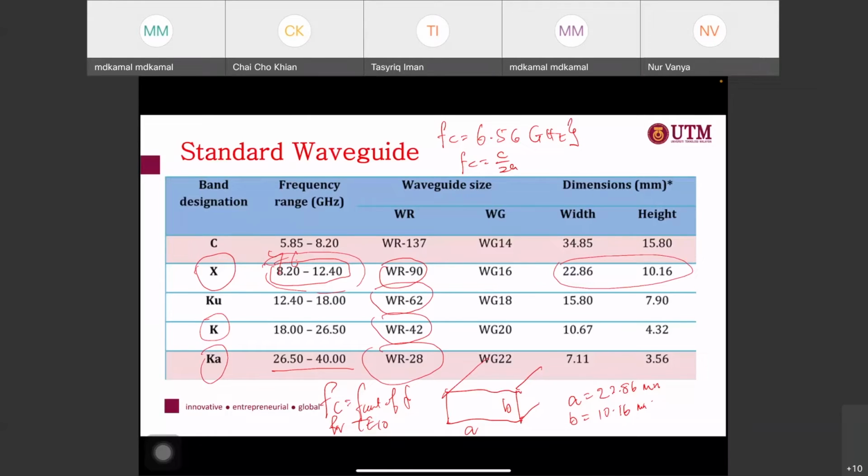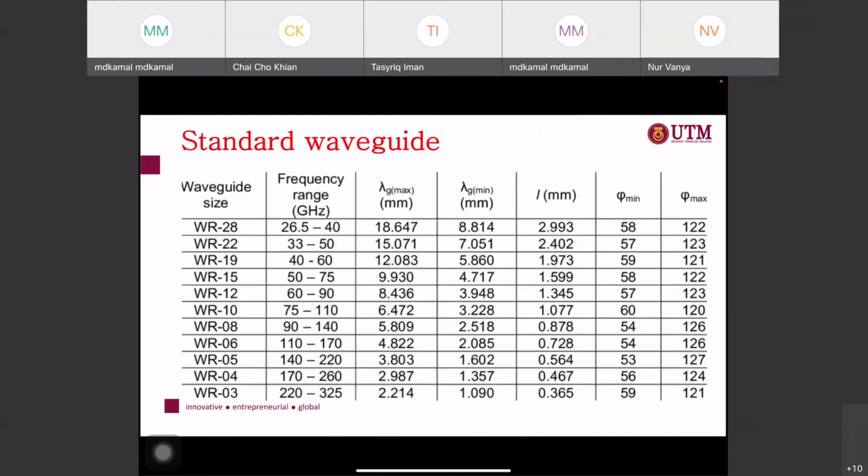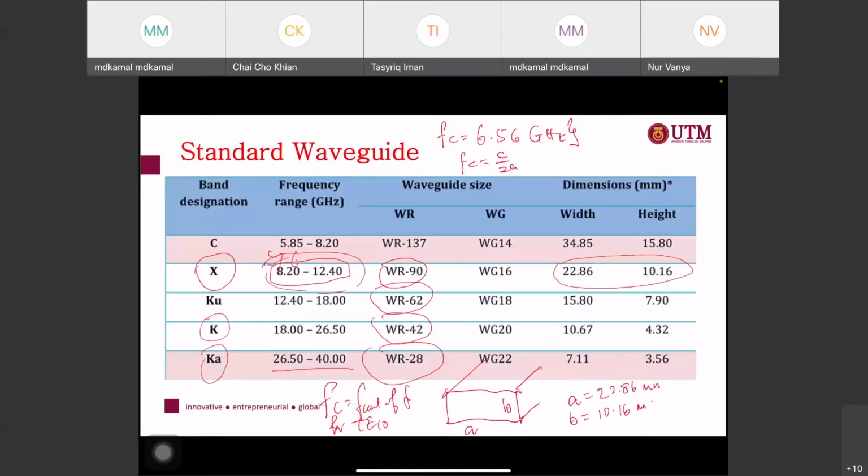But these are the standards that people usually use for this waveguide. So this is an example. WR90 is not in this table, because we start with WR28.